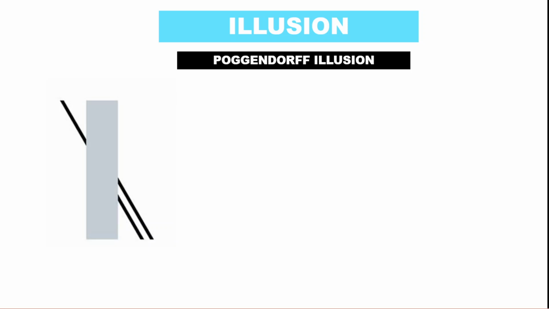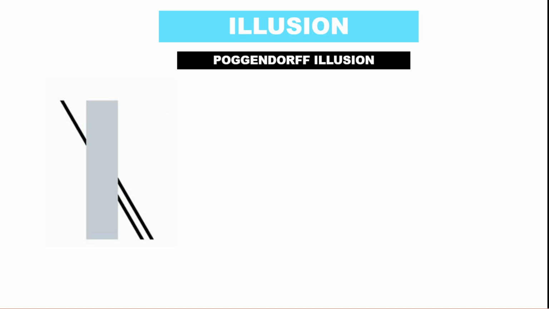What is happening is that there are three line segments and there is a wall between them. Most people will say that the lower line segment on the right is not straight or in parallel with the line, but the upper line segment on the right is continuous. Basically, it forms a continuous whole with the line segment on the upper left.